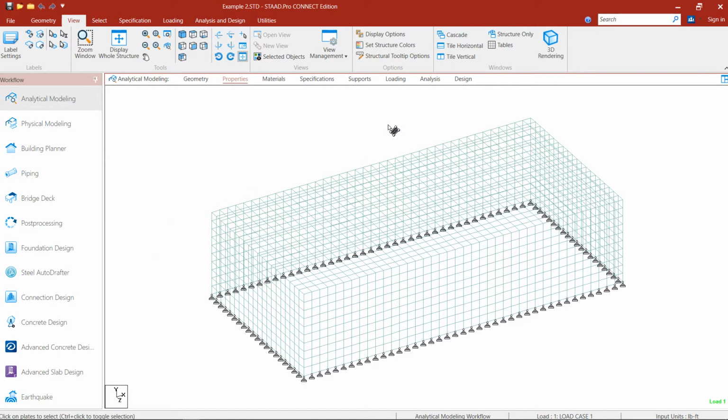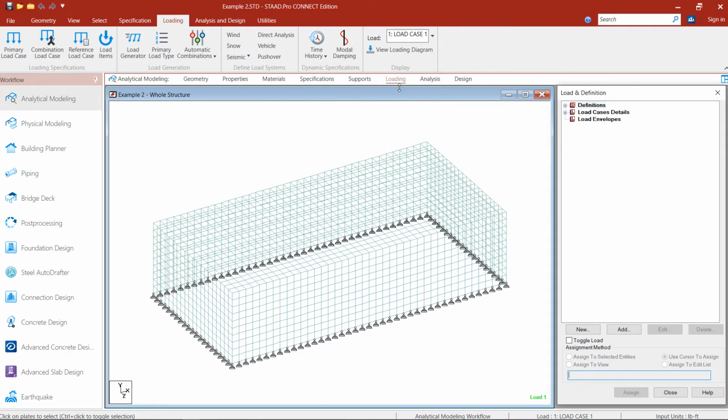Here I modeled like this: this side is our 60 feet, this is 30 feet, and this height is 15 feet. So I used quad elements to model the walls only, because I am not going to analyze this building, I am just going to show you how I applied the loads. So it's pretty simple.